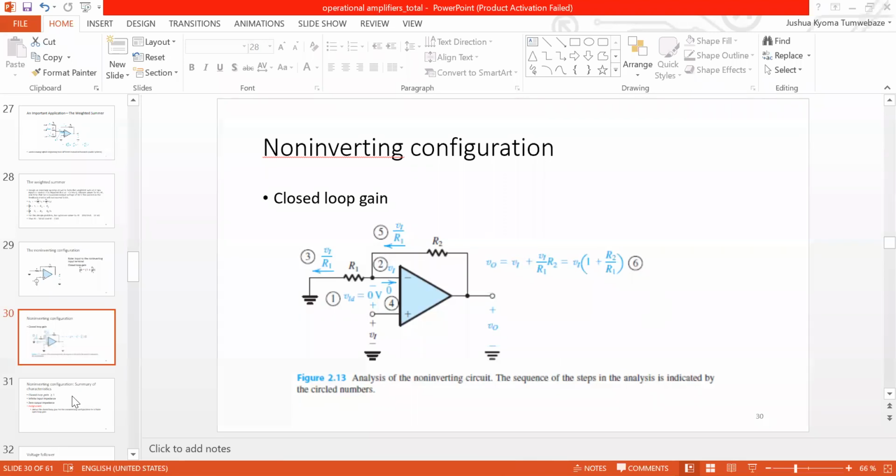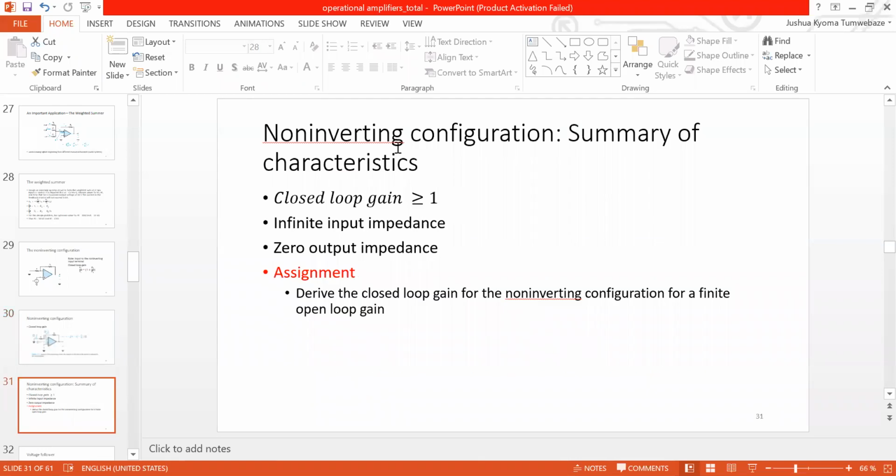So now the non-inverting terminal characteristics. The first thing which we observe is that the closed loop gain G is greater than or equal to 1, okay? That means the smallest gain you can get is 1.